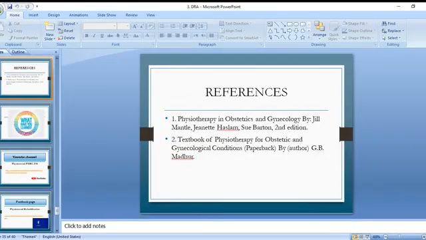So this was basically today's topic. Tomorrow we will see practically the examination of diastasis recti, self-examination, the corrective exercise, and some core strengthening exercises that can be recommended to prevent it and as a treatment plan after the corrective exercise has done its role.